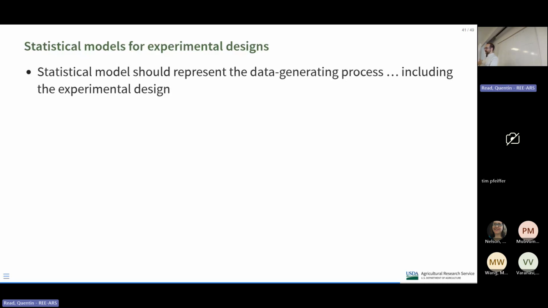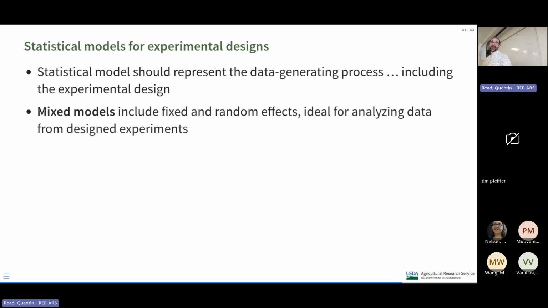If we think treatment has an effect, it should be in the model. If we think spatial location has an effect, it should be in the model. If time has an effect, it should be in the model. If other covariates we measure, like temperature, have an effect, it should be in the model. In experimental design, the structure of the units is no exception to that.